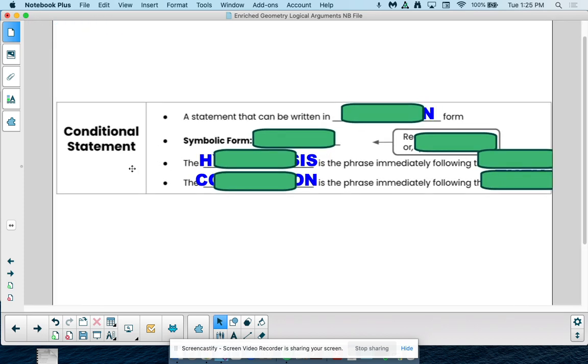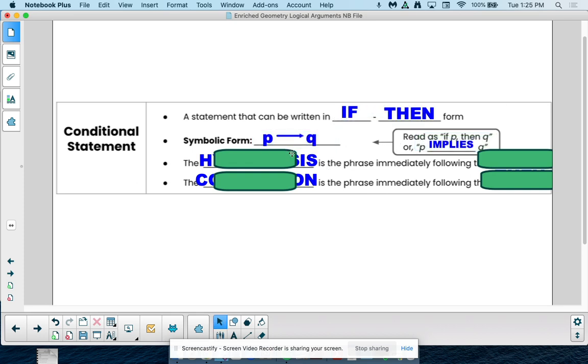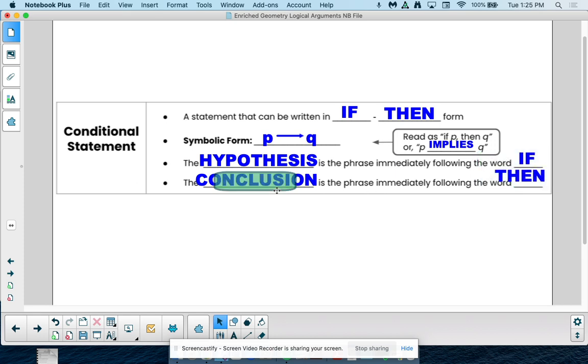Okay, we have a conditional statement. So we had statements like we just saw there, and now we have something called a conditional statement. And all that is, you guys, is taking your regular statement and writing it in if-then form.